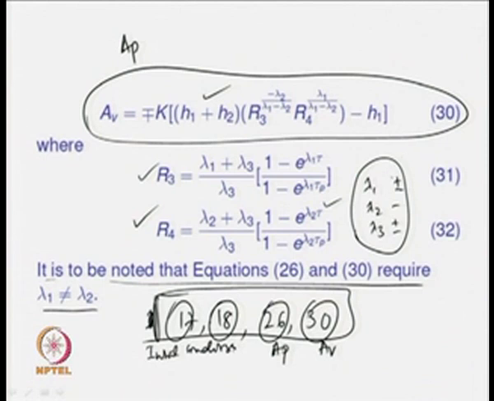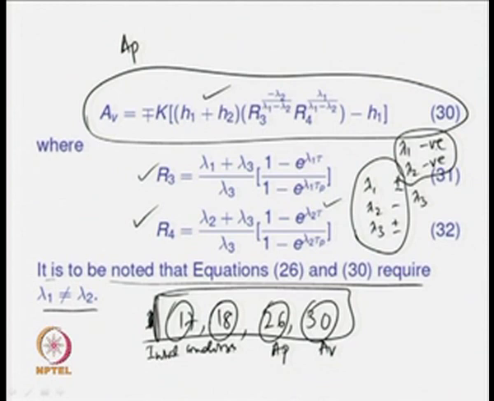For identifying a stable second order plus dead time transfer function model, lambda 1 has to be negative, similarly lambda 2 has to be negative, and lambda 3 can be either positive or negative depending on what type of zero you have. It does not matter, but care must be taken to pass on negative lambda 1 and lambda 2 values.